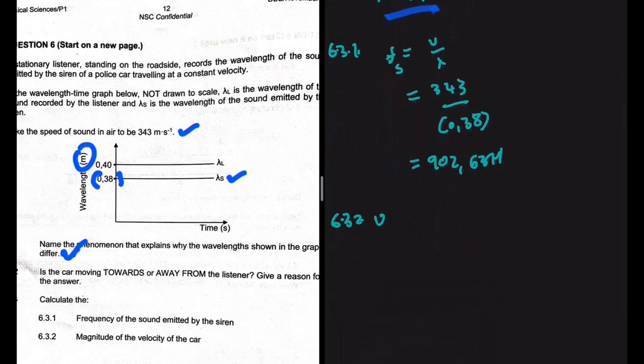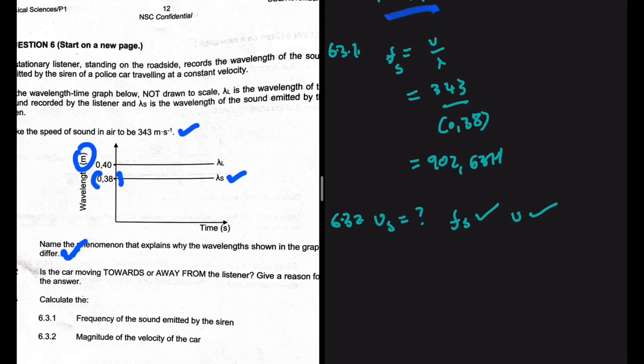Okay, so magnitude of the velocity of the car. This is the velocity of the sound source that you are looking for. We have the frequency of the sound source because we have calculated it. We have the speed of sound in air, it is just V. It is given to us, right?